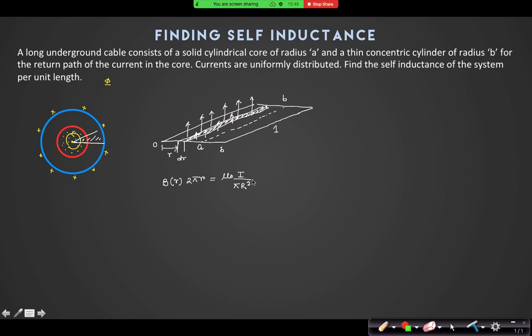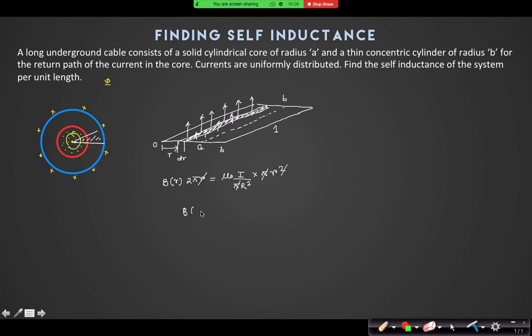Current per unit area. So mu naught I enclosed is into pi into small r square. Check if I am not wrong. B_r multiplied by 2 pi r, B dot dl is equal to mu naught into I enclosed. Right? I think I have got the correct calculation.